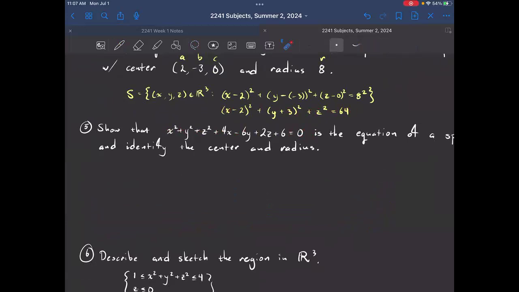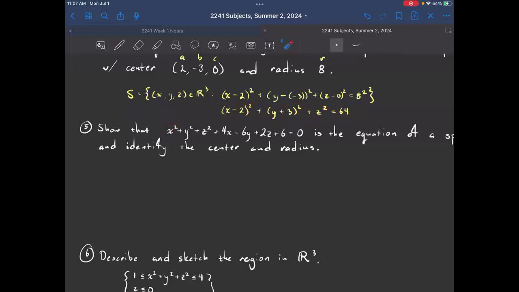Now, that looks pretty daunting at first, I'm sure. But what you want to do is pay very close attention to the format of the standard form. It has the x's in one term, the y's in the next term, and the z's in the other term.